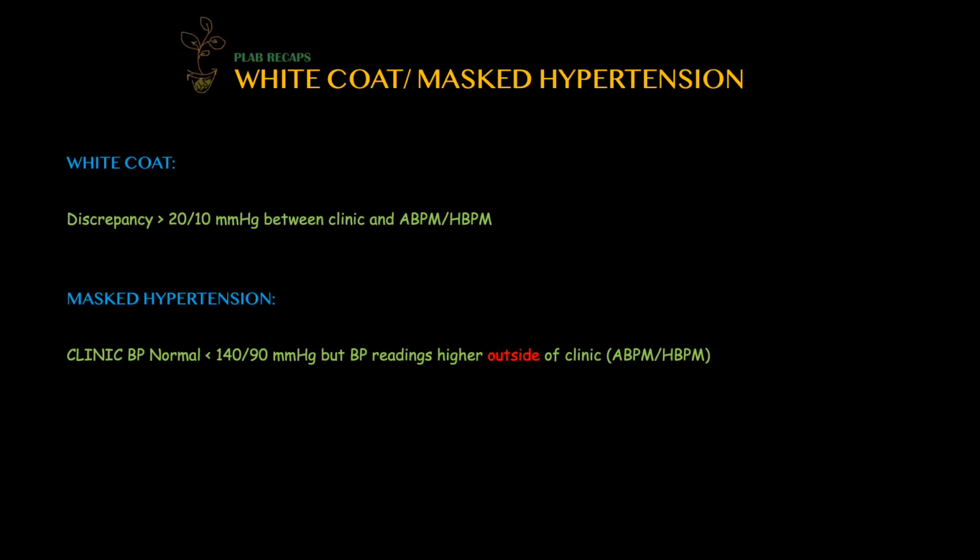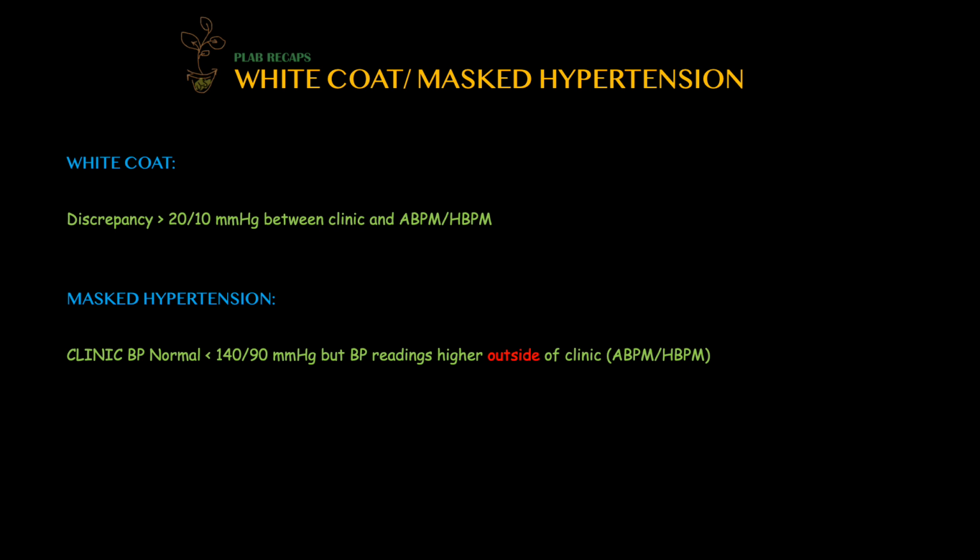A little more clarity around the concepts of white coat and masked hypertension will help us better understand how the UK came up with the guidelines of diagnosing hypertension. Now, white coat hypertension is when you overdiagnose someone with hypertension while they are actually normotensive. So, for example, your patient walks into your clinic and they are found to have a high clinic blood pressure reading.